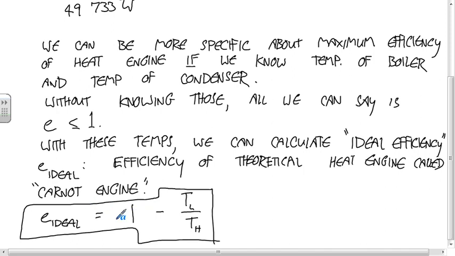theoretical maximum of that engine, operating at those temperatures, is 1 minus the temperature at the condenser divided by the temperature at the boiler. And this is confusing because it's the same form, 1 minus something over something, even 1 minus something at the condenser divided by something at the boiler.